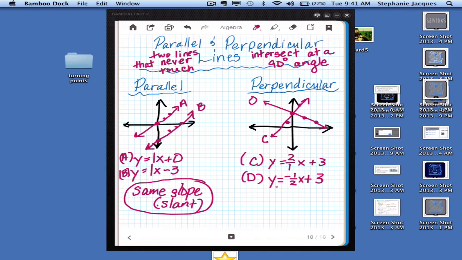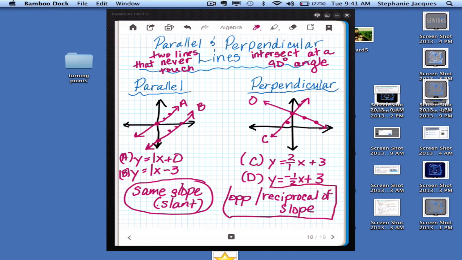So for perpendicular lines, you're going to have the reciprocal of the slope, so reciprocal means you just flip your fraction. Also, you're going to have the opposite sign. So you're going to say opposite and reciprocal of the slope.